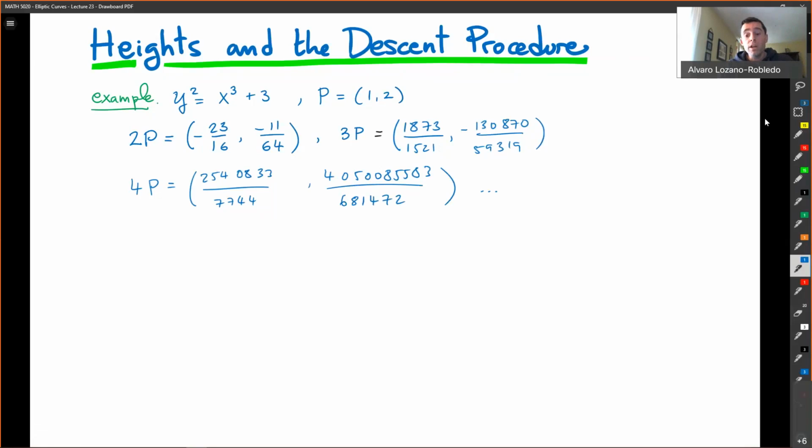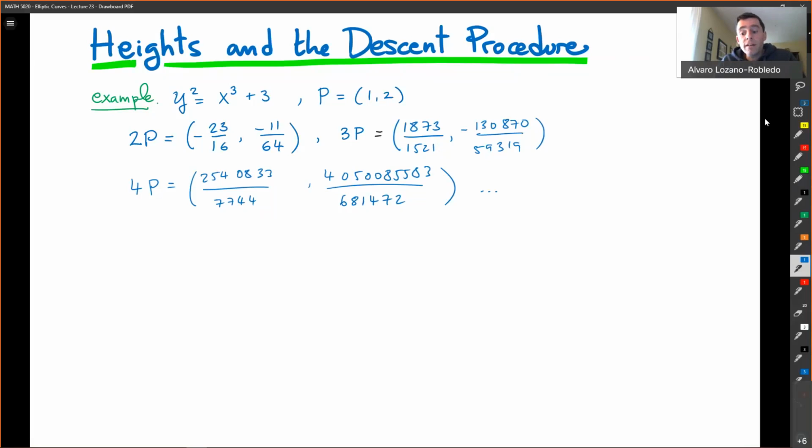First of all, you see that this point that started with integral coordinates, all of a sudden, when you do 2P, the coordinates are not integral anymore. And that's going to imply that this point cannot be a torsion point because the coordinates are non-integral. If 2P is non-torsion, then P itself was non-torsion.